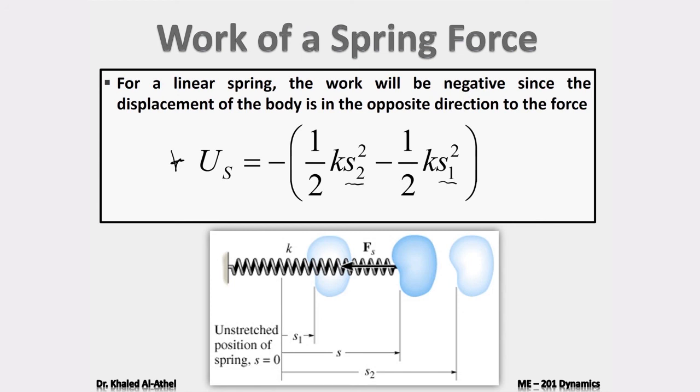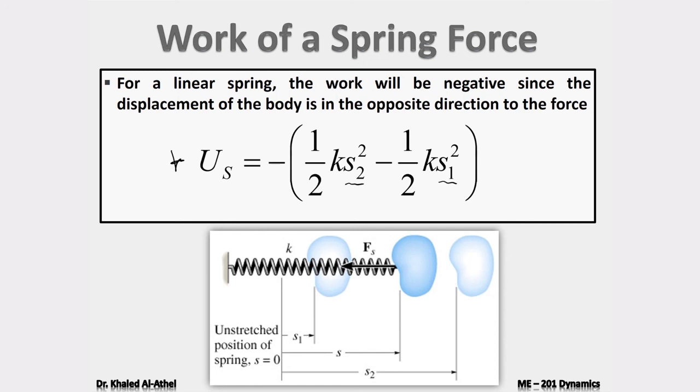First of all, the subscripts 1 and 2 refer to position 1 and position 2. And the definition of S is the amount of stretch or the amount of compression. Therefore, if I say S2, then I mean this is the amount of stretching or compression of the spring at position 2.